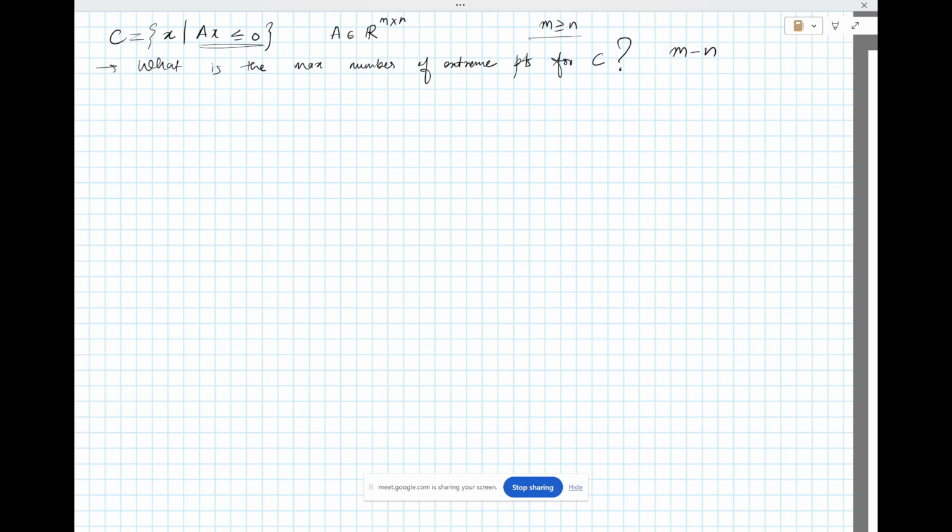So here there is this thing given, right? A special case when Ax is less than or equal to 0.